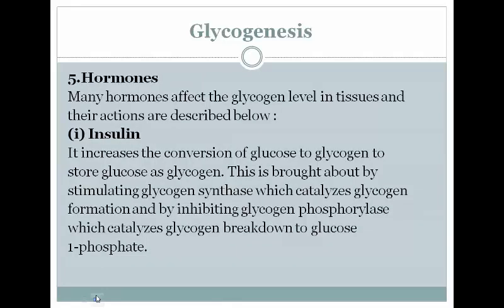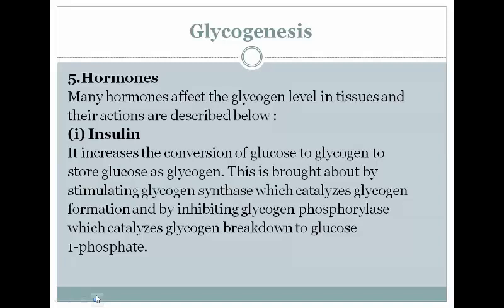Hormones also affect the glycogen content, and the hormones involved include insulin, a very important hormone which regulates the synthesis of glycogen because it increases the conversion of glucose to glycogen.